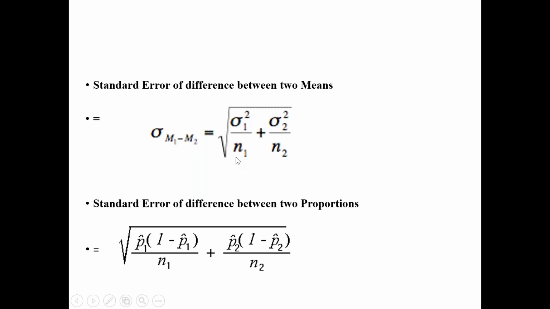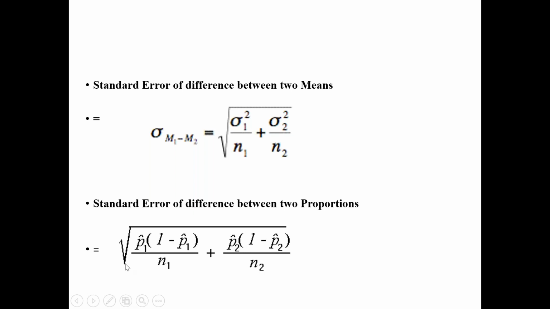So the standard deviation of one group and the standard deviation of the other group, you sum up together and take the root, and that becomes the standard error of the difference between the two means. Similarly, the standard error of the difference in two proportions is under root P1 Q1 divided by N1 plus P2 Q2 divided by N2.